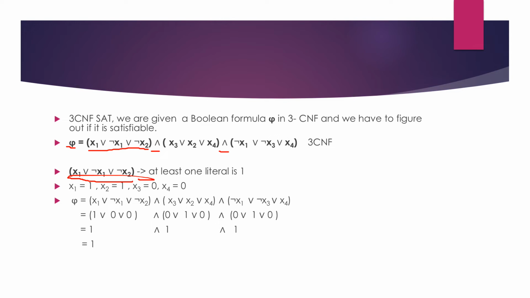If we assign these values in this formula, we easily get that each clause yields 1, and when we AND them all together, we get phi as 1. So for this particular assignment, phi evaluates to 1, so it is satisfiable. The goal of 3CNF SAT is to find such an assignment so that the Boolean formula phi is satisfiable.